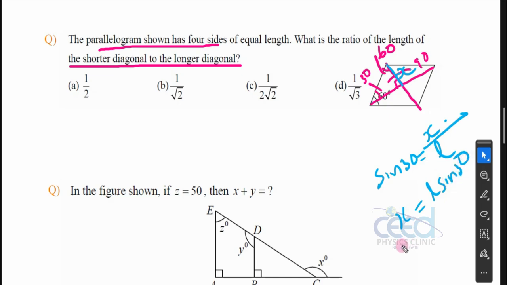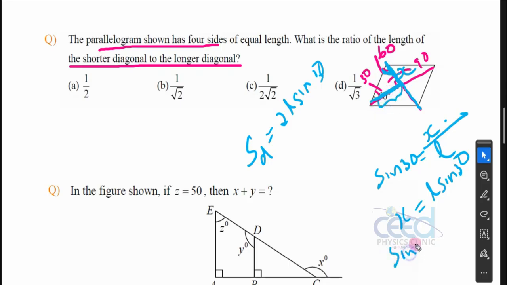Then what is the full diagonal length? The shorter diagonal is equal to 2x. So we may write the length of the shorter diagonal as 2L sin 30, because the half diagonal is x, and this also comes 2x. Now similarly, take the longer diagonal, and use sin 60 to find the opposite side.